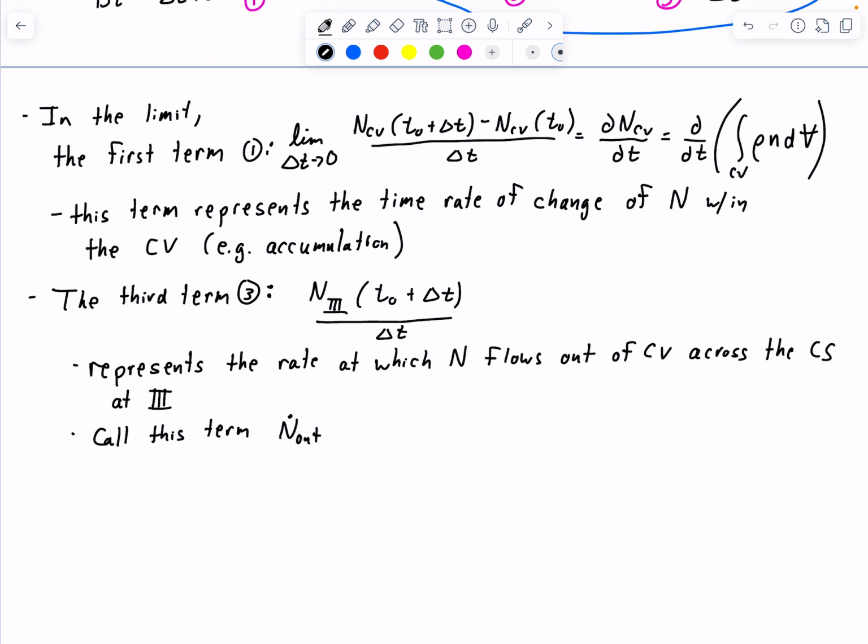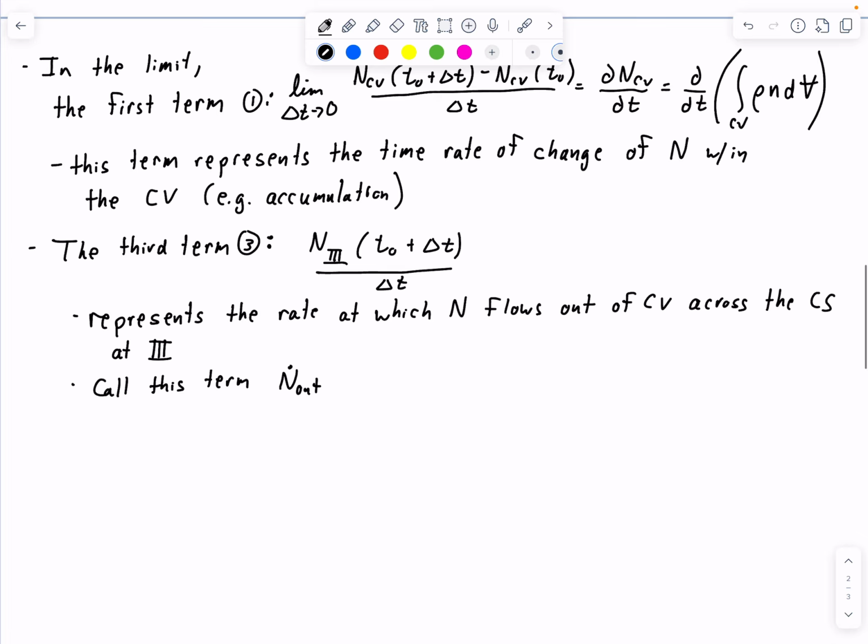So we want to come up with a more tractable expression for this term. In order to do that, we first need to know the rate at which the fluid exits the control surface at this region 3.